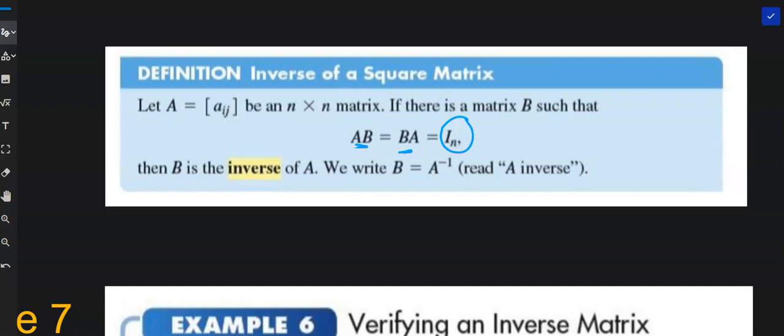That means that B is what we call A inverse. That's how we read that, A inverse. So basically it's like saying this: A times A inverse equals the same thing as A inverse times A, which is the identity matrix.